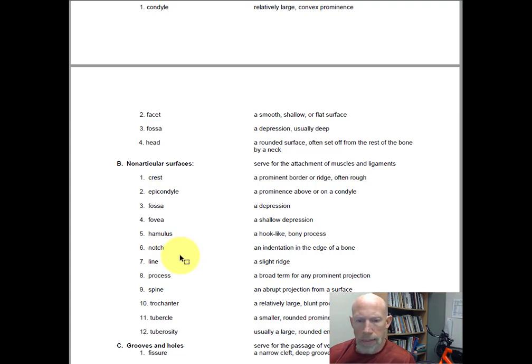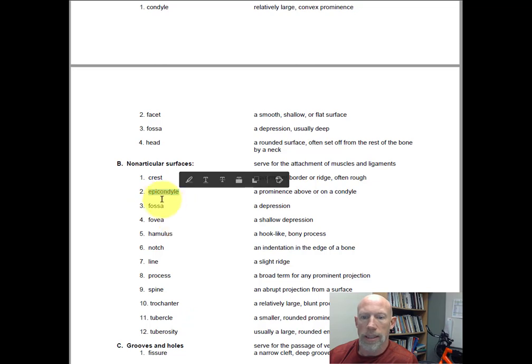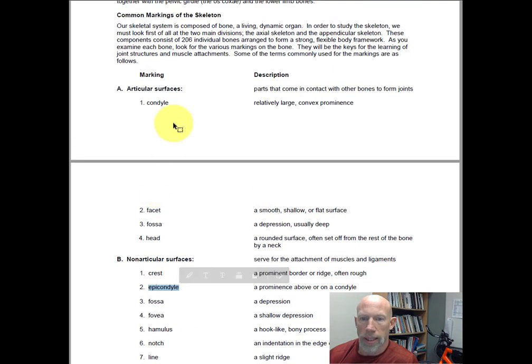A couple of these are very specific to just one single marking, or one on each side of the body, like the hamulus, which is found in the palm of the hand, and trochanters. I just want to point out this one here, epicondyle. If you recall in the articular surfaces, there's the condyle. Epi means adjacent to or beside. Pretty much all condyles are smooth because they're articular surfaces.